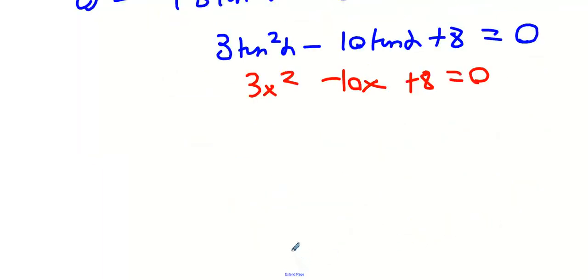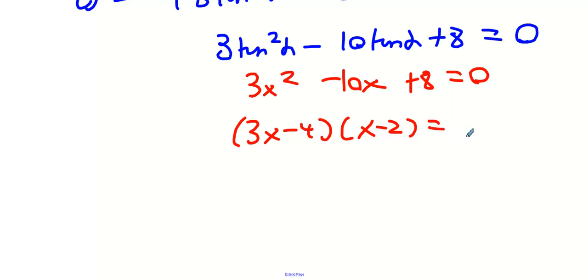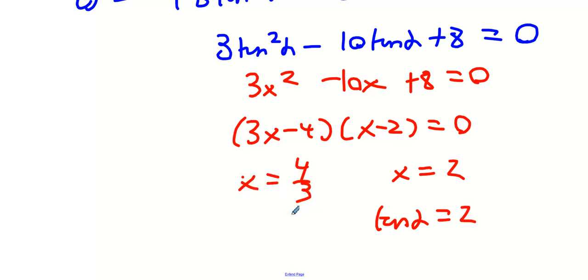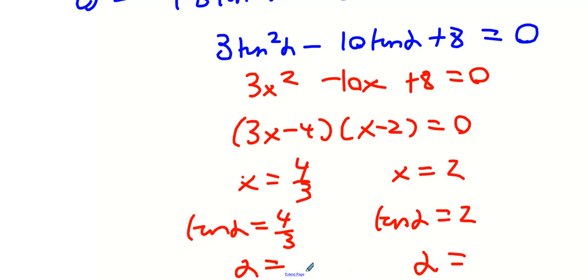I'm going to get 3x minus 4, x minus 2 equals 0. x equals 2, which means tan alpha equals 2, or x equals 4 over 3, tan alpha equals 4 over 3. Tan inverse both of them. And what do we get angle-wise? 63 point. And what's the other one? Well done.